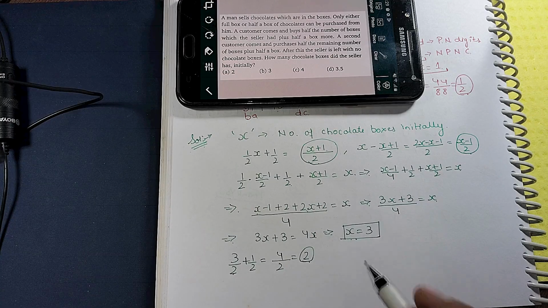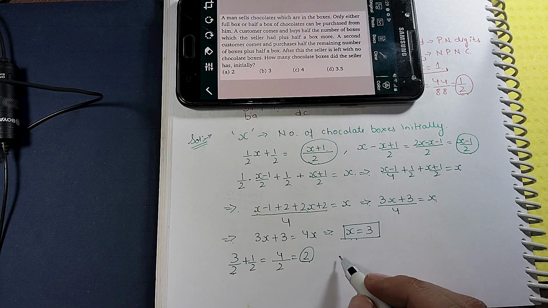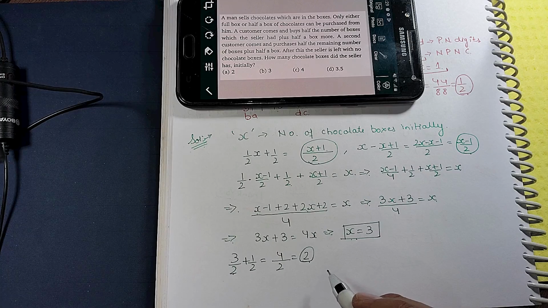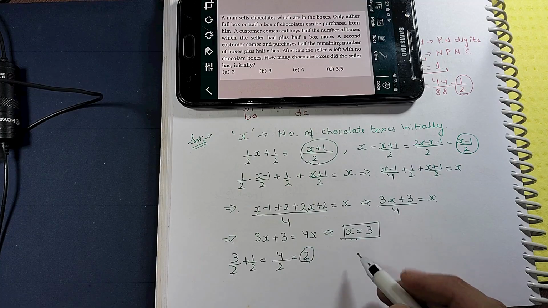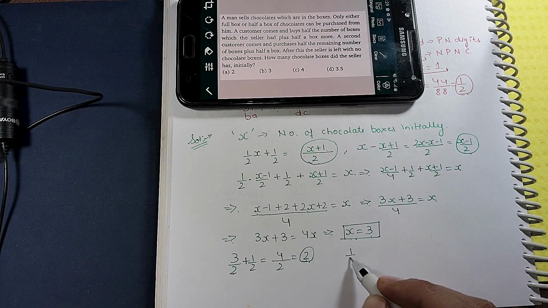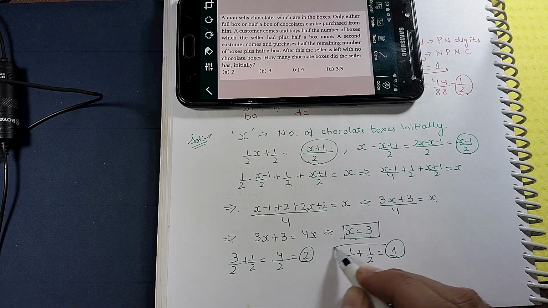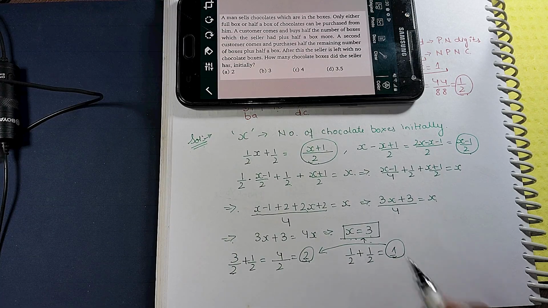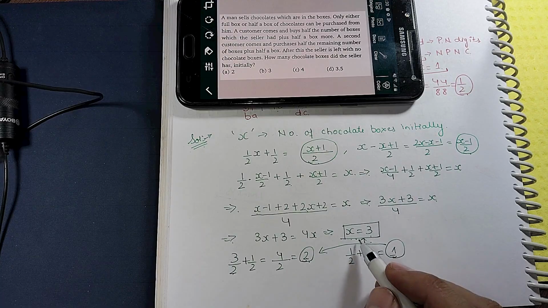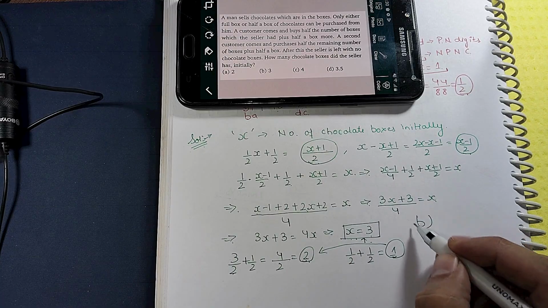The remaining boxes will be 3 minus 2 equal to 1. So half of that will be 1 by 2 plus 1 by 2, so this is equal to 1. So total 2 plus 1 equal to 3. So the right option is option number B.